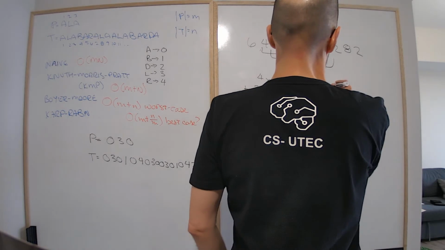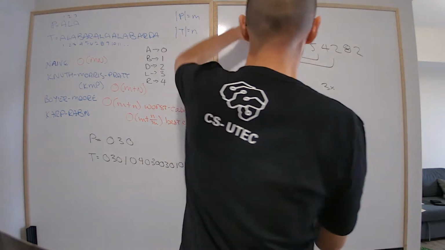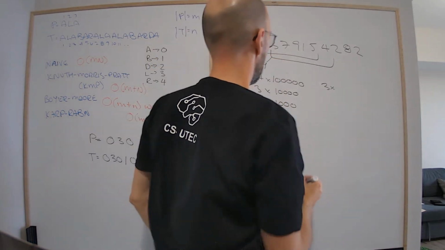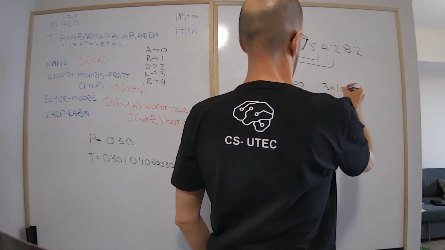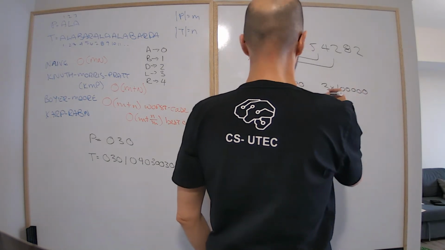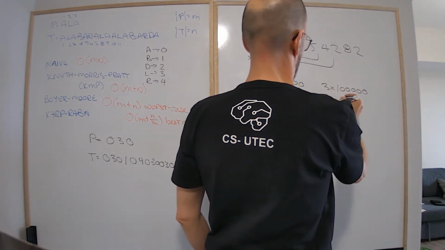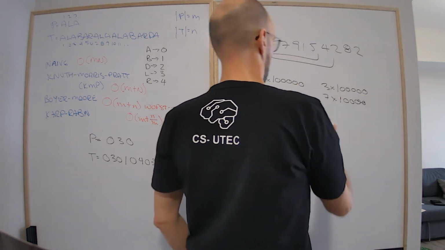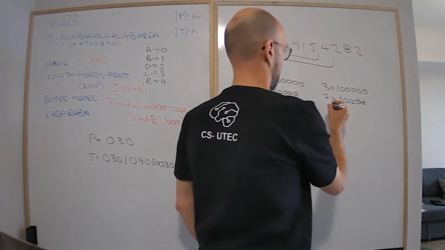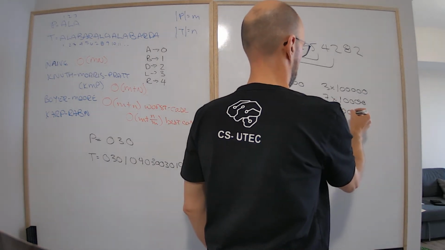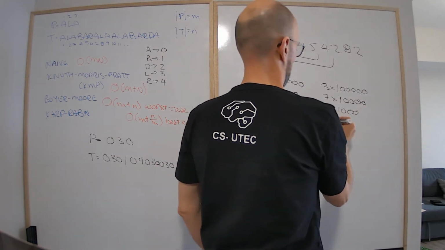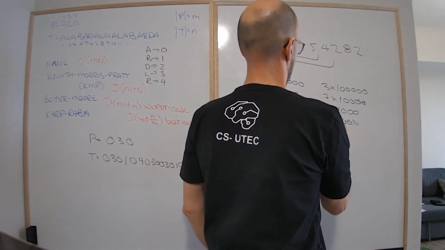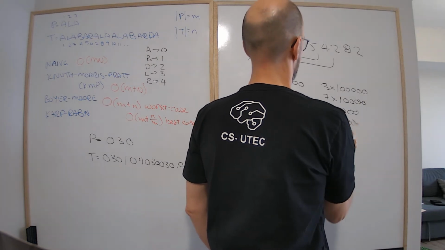This is 3 times, so if this one is x, and this one is y, 3 times 100,000, and 7 times 10,000, and 9 times 1,000, and 1 times 100, and 5 times 10, no wait, what?